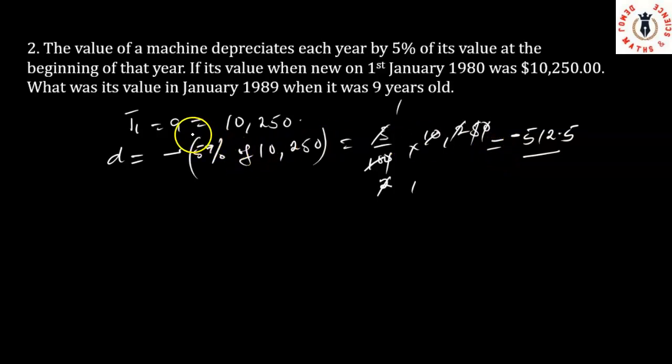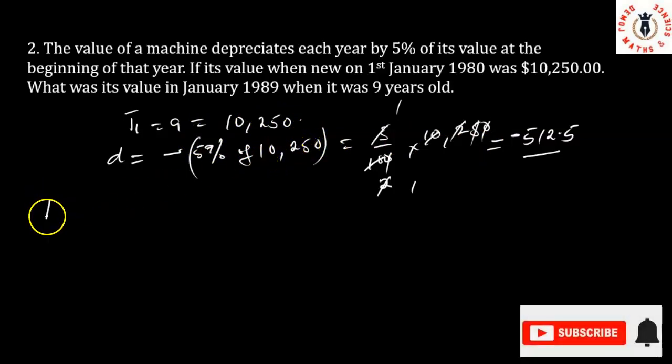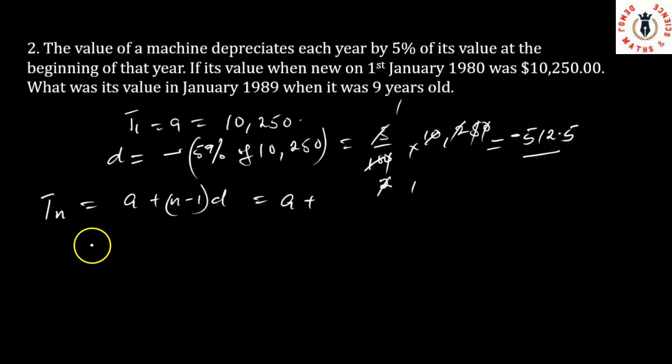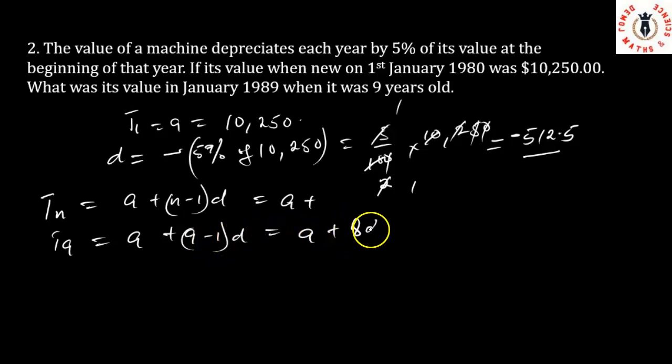Now, if t1 is this, we have to find the value of this machine at 9 years. That's our t9. Tn, remember, is equal to a plus (n minus 1) times d. We're talking of t9. My t9 will be equal to a plus (9 minus 1) times d, which is the same thing as a plus 8d.